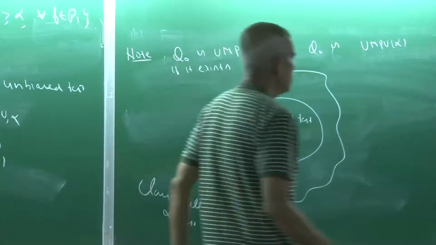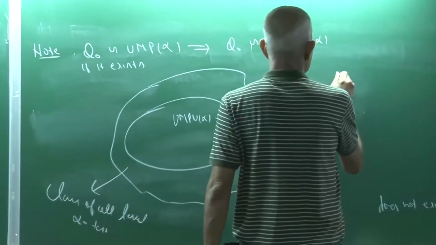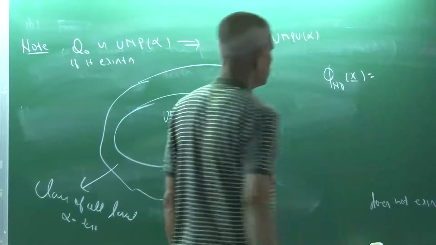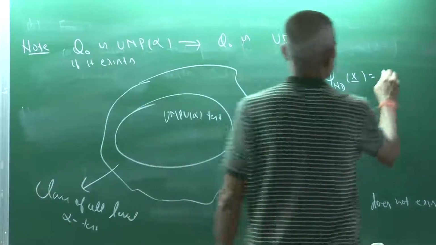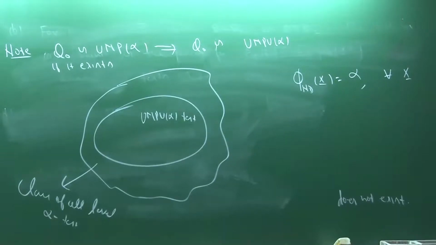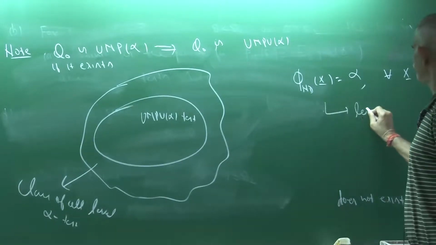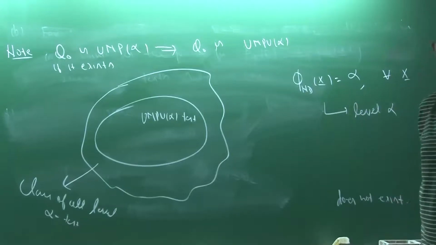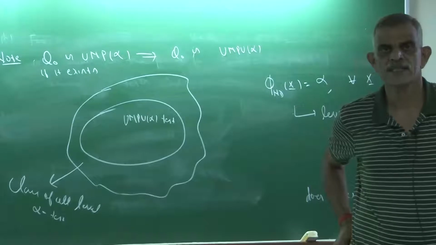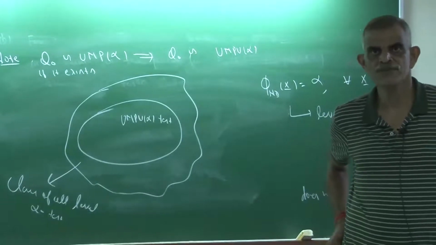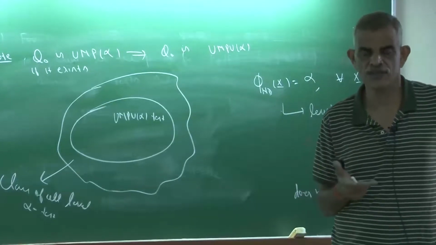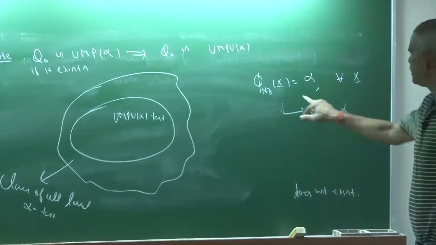Yes. Why? Because consider the test phi_0(x) equal to alpha for every x. Does this have level alpha? It certainly has level alpha, because the expected value of phi(X) is always alpha. So the expected value of phi(X) would be alpha for every f belonging to P0, and the requirement for level alpha is that the expected value of phi(X) is less than or equal to alpha for every f belonging to P0. So this has level alpha.